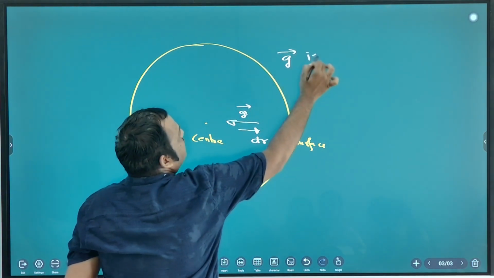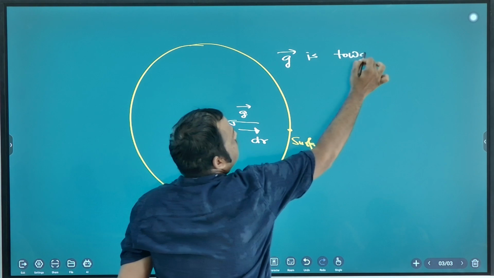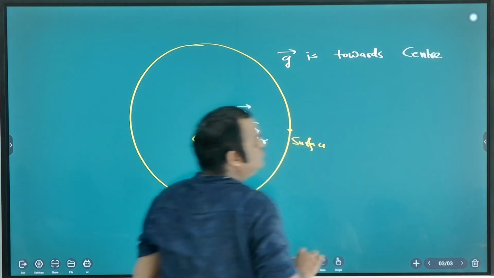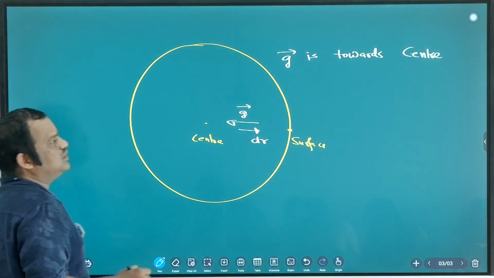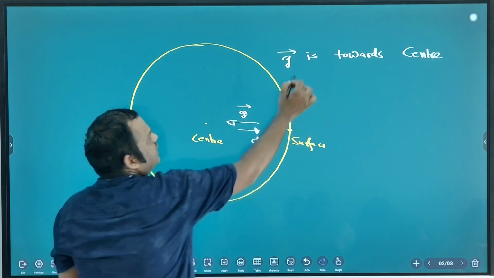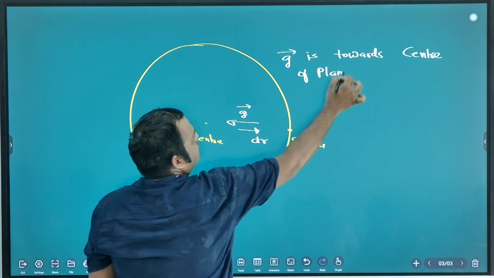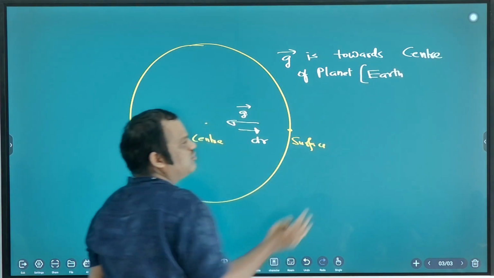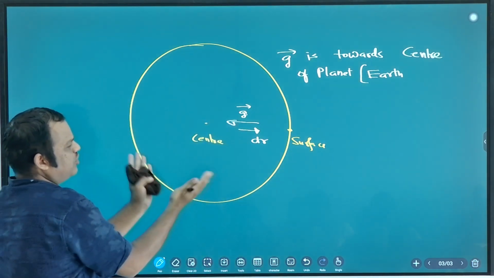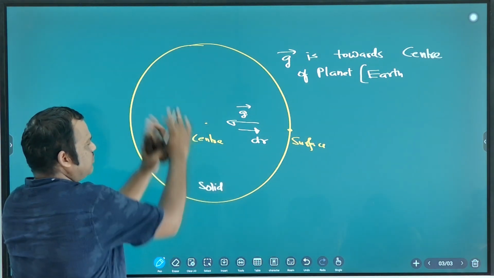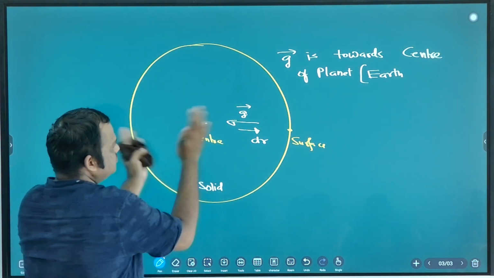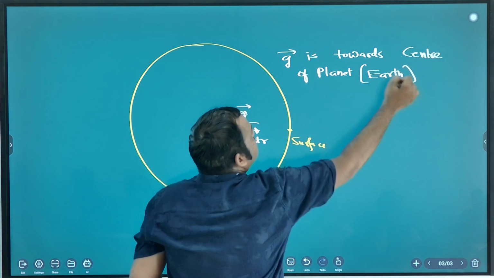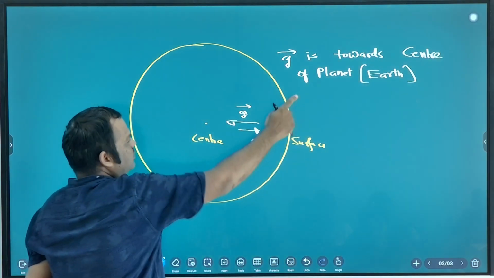Note down. The G vector is towards the center of the planet. You can write Earth also. All planets are the same, whether made of rock, solid, or gas. They have mass. So the G vector is towards the center of the planet.